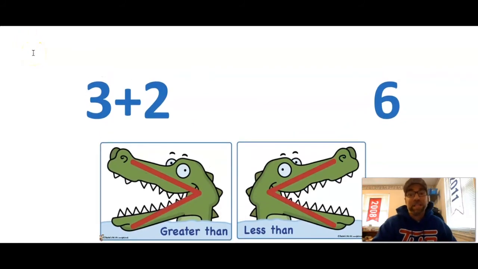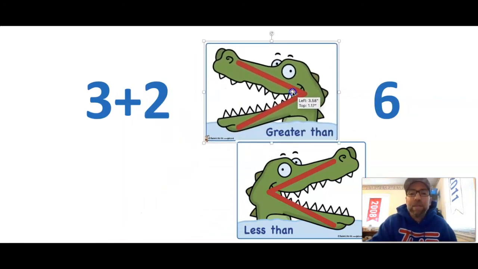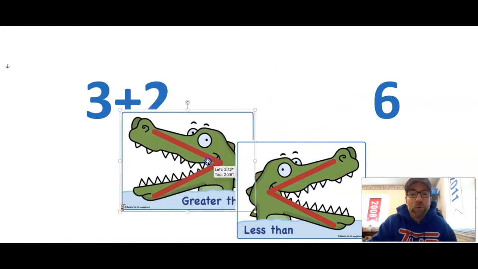Let's try this one. Go ahead and write 3 plus 2 on one side of your whiteboard. Then leave a big space, and on the other side, write the number 6. I wonder which alligator is going to be used to make the number model true.